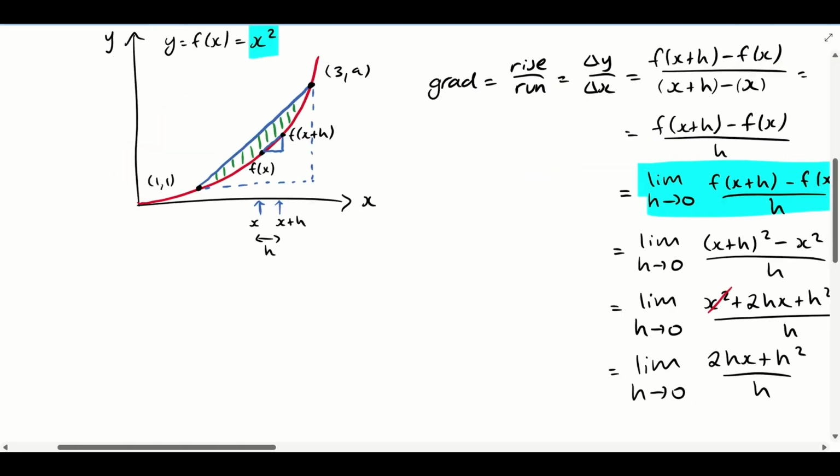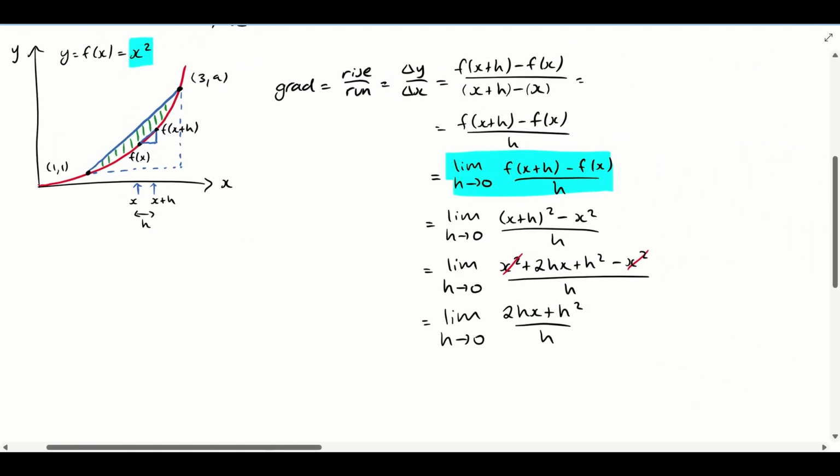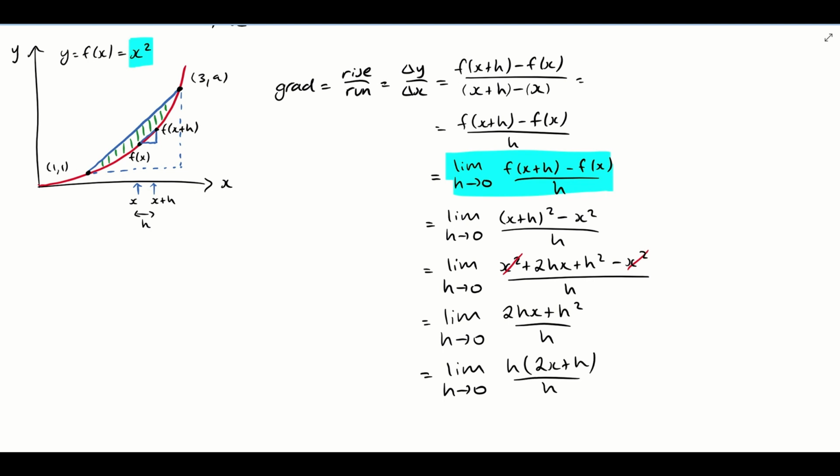What we can see now is we could take out a common factor of h on that numerator, right? So if we bring an h out on the top, we end up with 2x plus h, divide by h, and these h's are going to cancel.